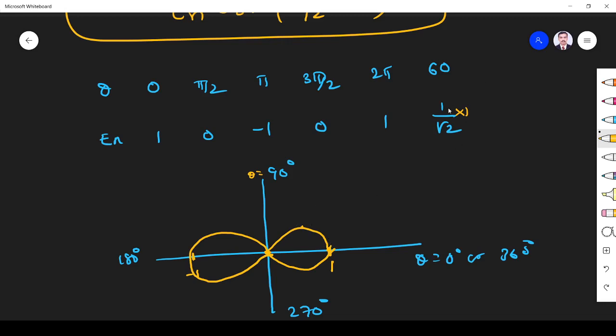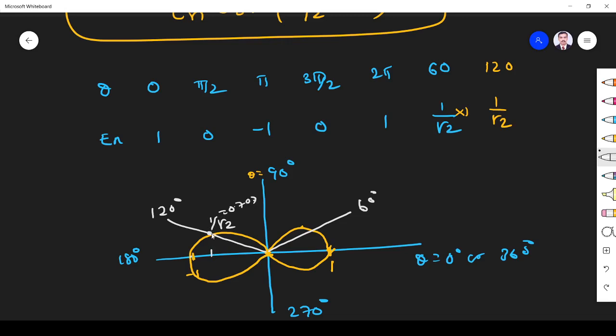Fine. What will happen when theta is equal to 120? When theta is equal to 120 also, it is 1 by root 2 of the maximum, 1 by root 2 is nothing but 0.707, at this point.